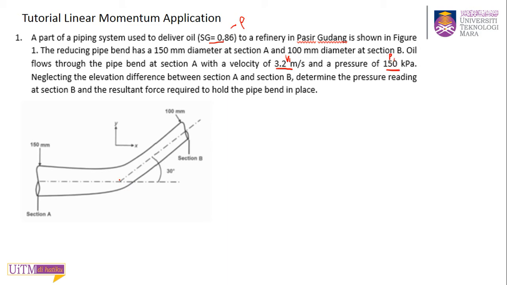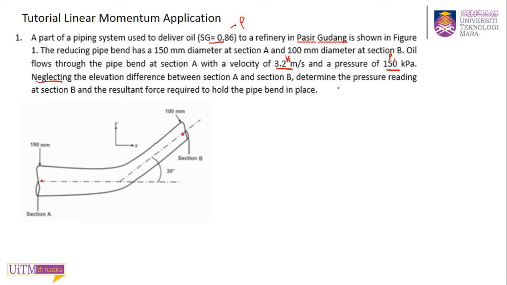Neglecting the elevation difference between section A and B, so they ask you to neglect Z1 and Z2, even though in the diagram you can see the difference. Because there's one point here and the other point is here, there should be some elevation difference, but they ask you to neglect it.